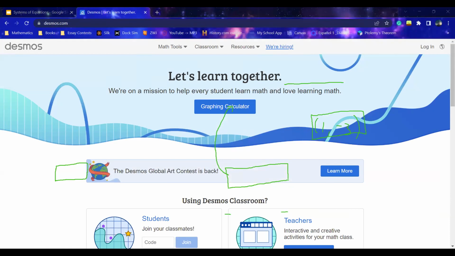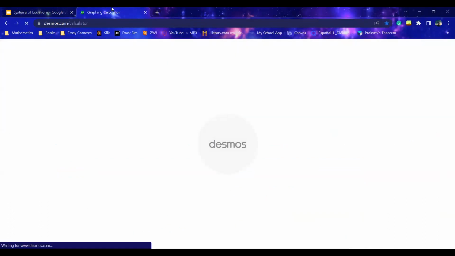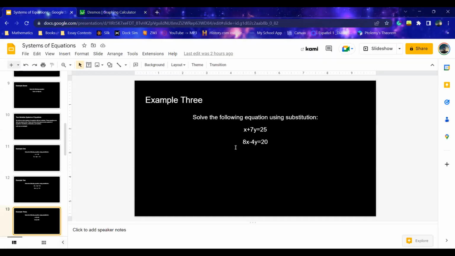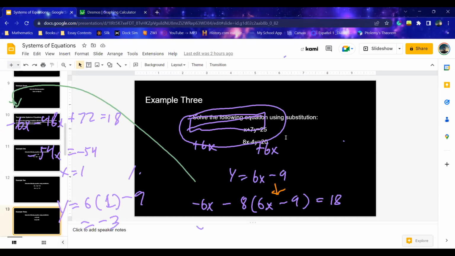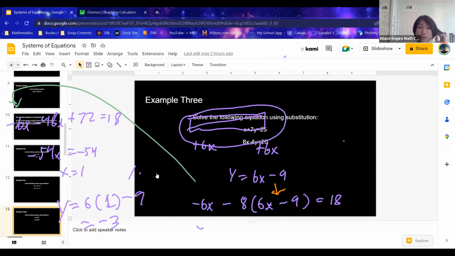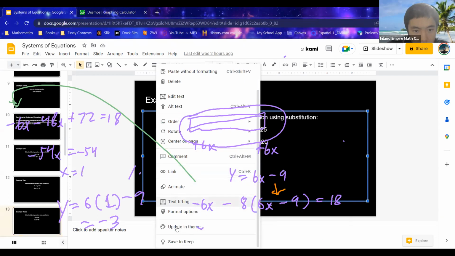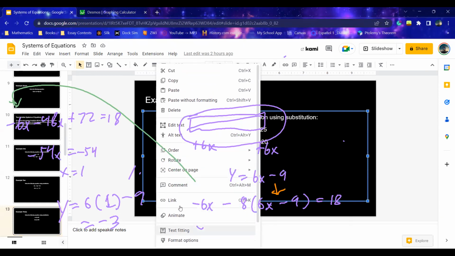The subtraction part, where like 6x minus and equals 18, that part. Campbell, can you full screen the slide? Of course. Like the bottom equation.